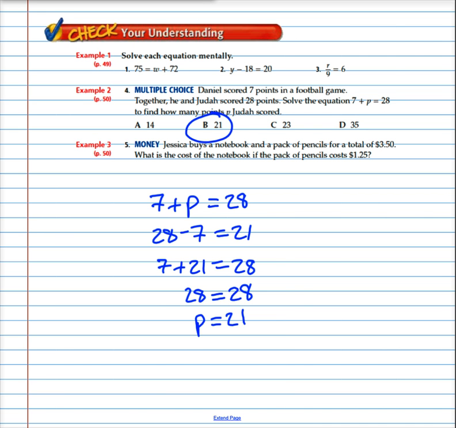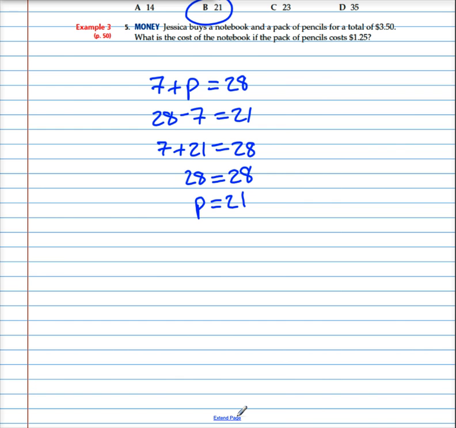And our last example. Jessica buys a notebook and a pack of pencils for a total of $3.50. What is the cost of the notebook if the pack of pencils costs $1.25? So we don't know what the notebook costs. We know what the pencils cost. We know that the total, the two added together, is $3.50. So what we would do is say, what is $3.50 minus $1.25?